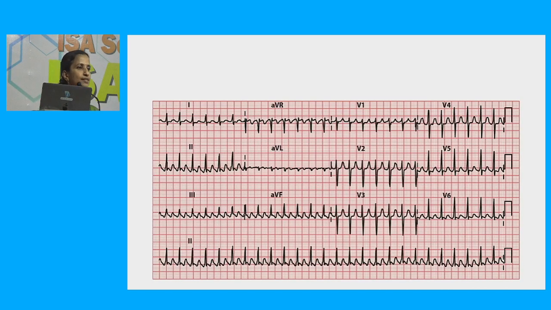Who wants to try the ECG? See whether the P, QRS, T, everything is present, whether the rhythm is regular or not.